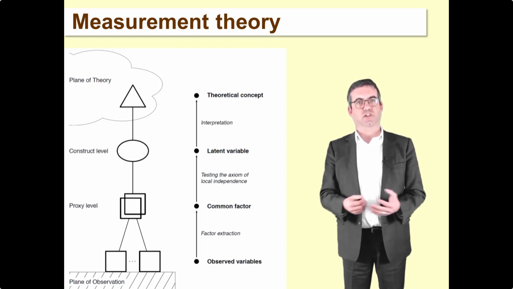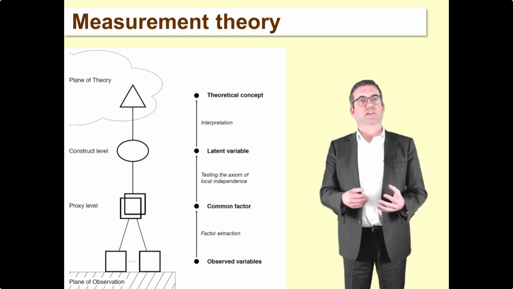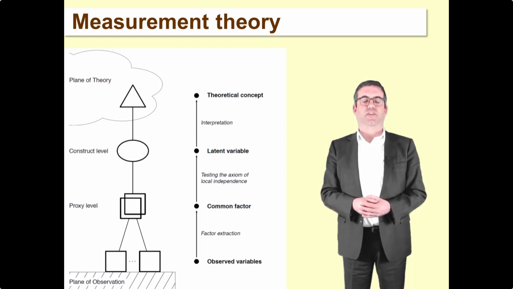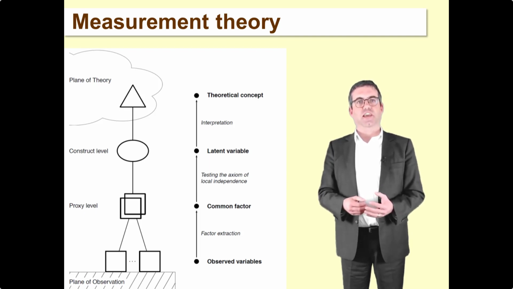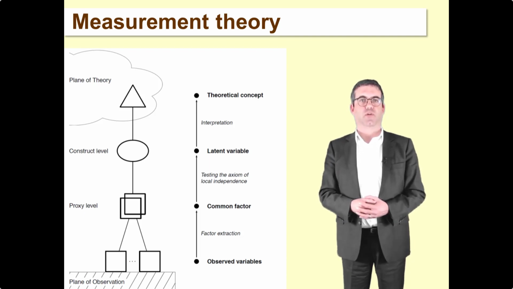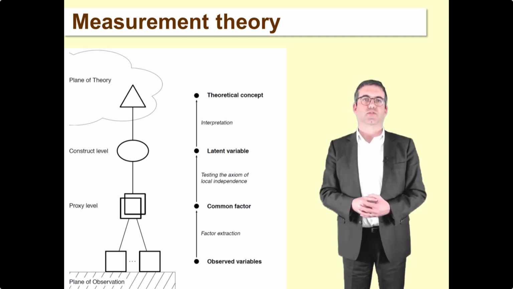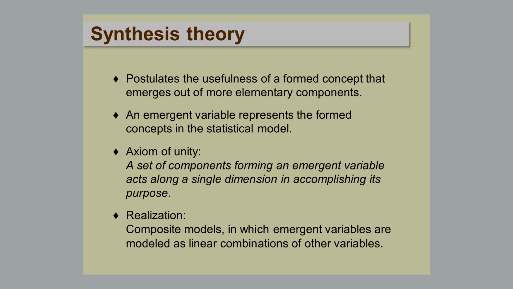It means we have sufficient certainty that there is a concept underlying the observed variables. As the final step, we interpret the latent variable in our statistical model as being equal to our concept of interest.